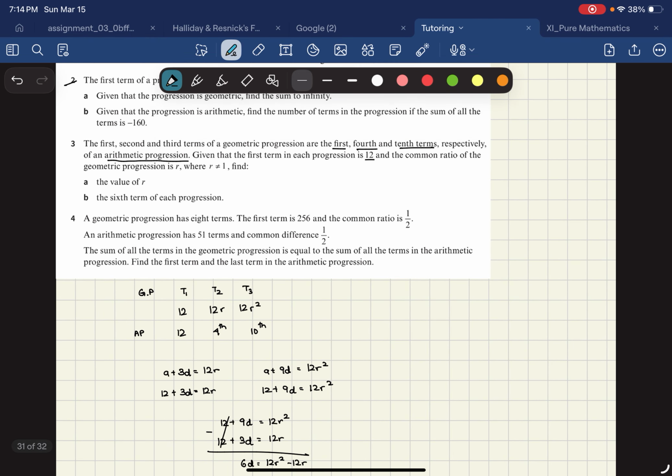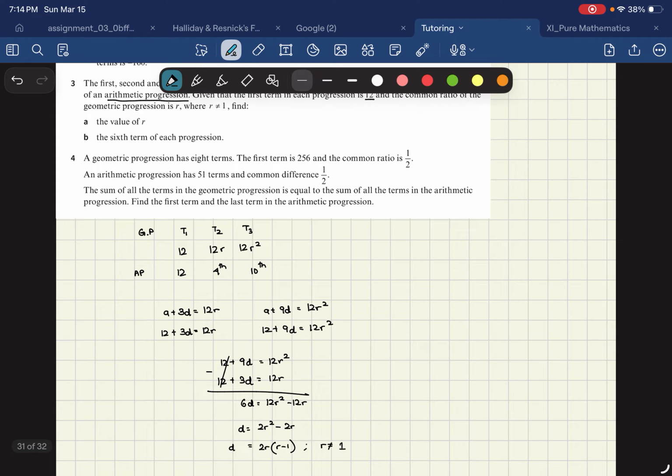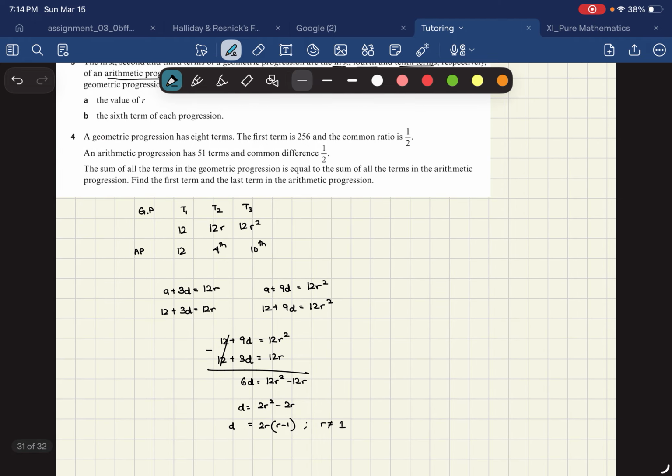Alright, so now let's think of how we can use this information. So we know the value of the common difference in terms of r, and we know the correspondence.